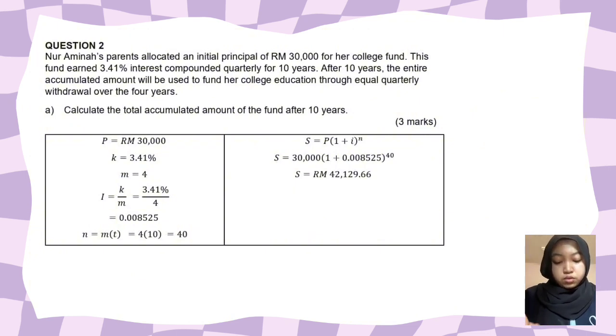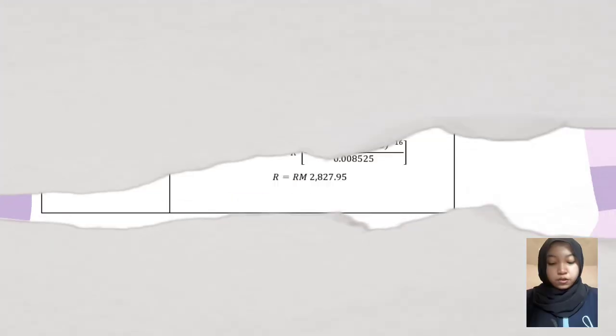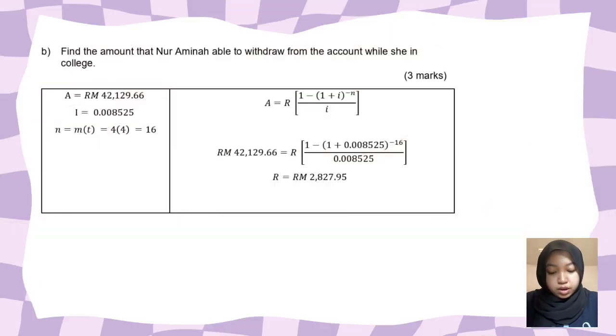So we use the formula S equals P bracket 1 plus I power of N. The equation will be S equals 30,000 bracket 1 plus 0.008525 power of 40. The final answer is S equals RM 42,129.66.